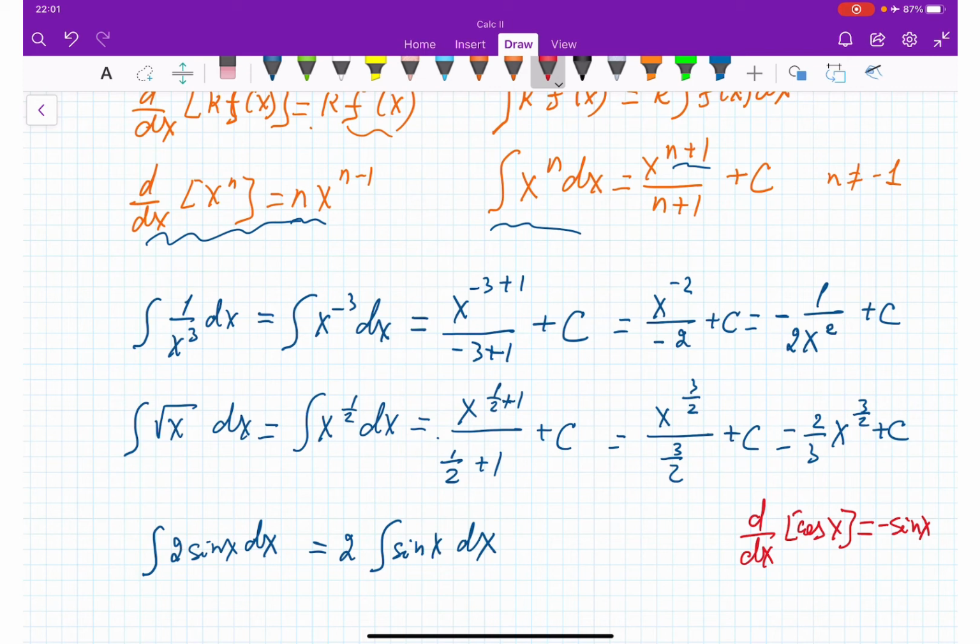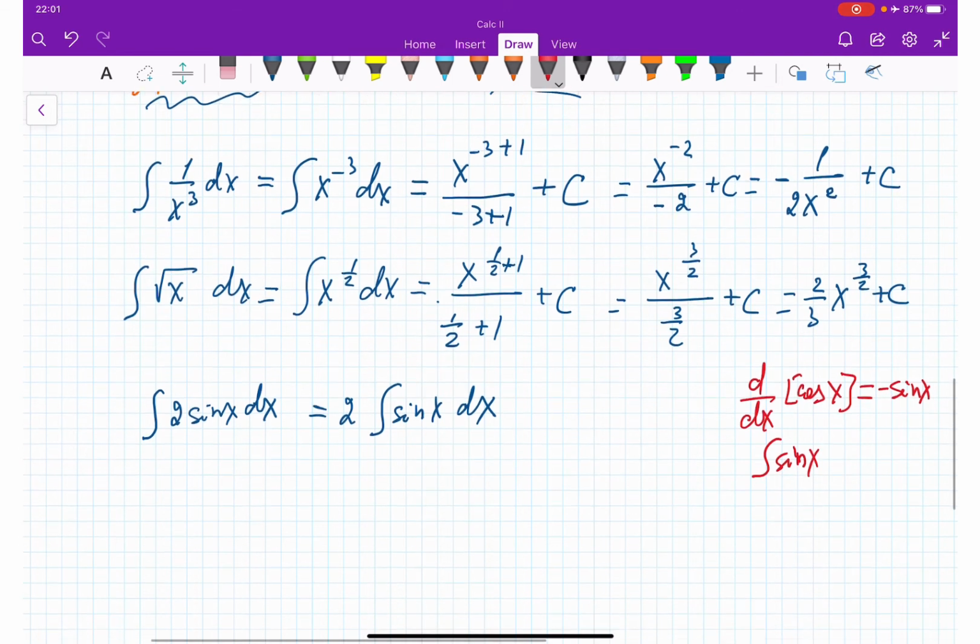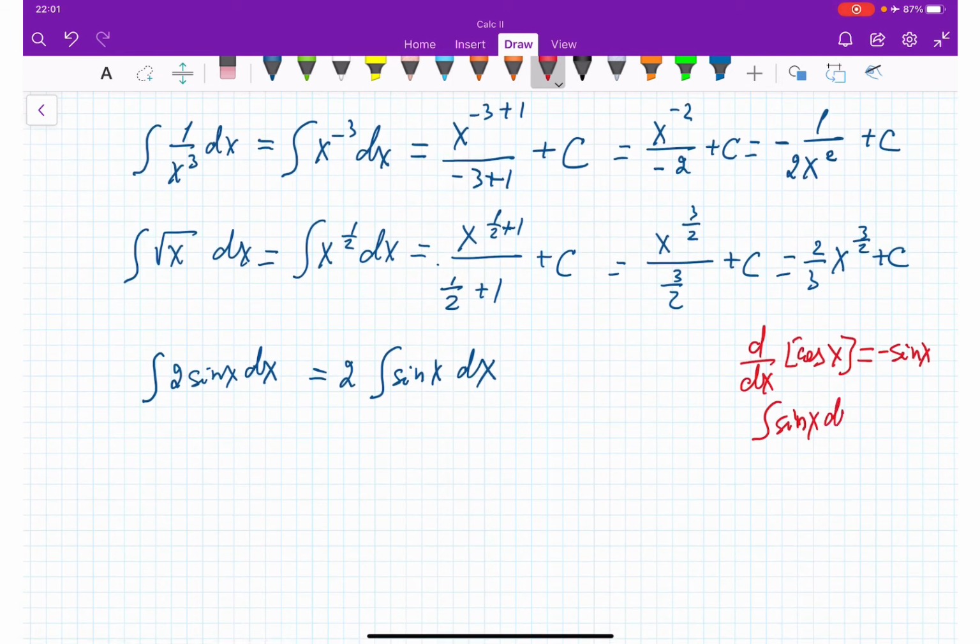And from here, the integral of sine x dx is equal to negative cosine x plus c.